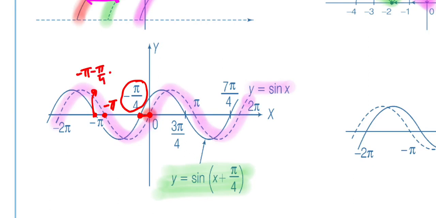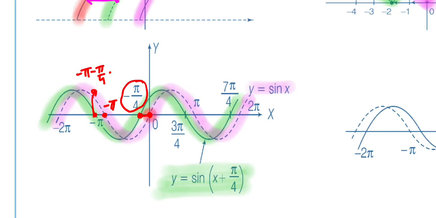So every point is shifted towards the left hand side by an amount of pi by 4, and the graph we obtained in this case is this graph. This is the graph of the function we have obtained by shifting all the points, or by shifting the graph by pi by 4 units towards the left hand side.